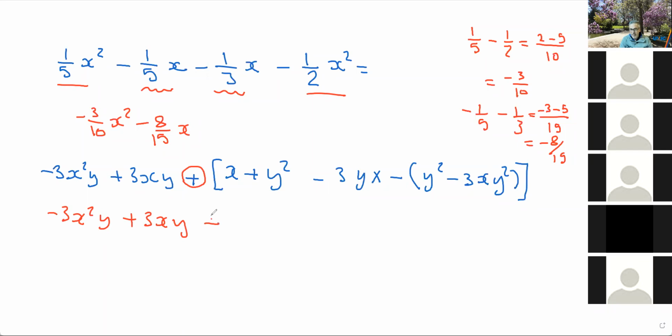So you might as well just write plus x plus y squared minus 3yx or xy, the same thing. But in here, this negative here is going to change this and this. So that becomes minus y squared plus 3xy squared.